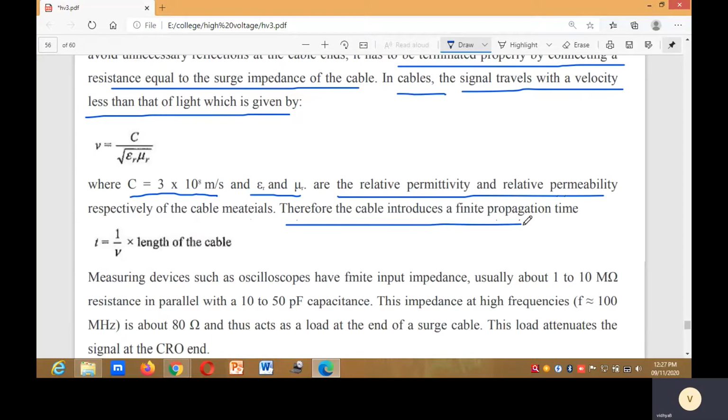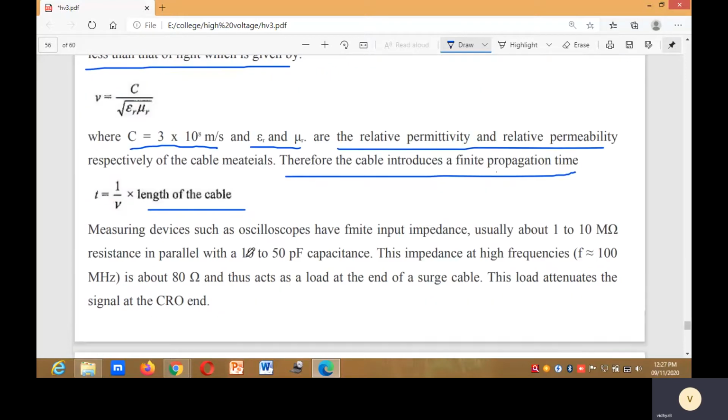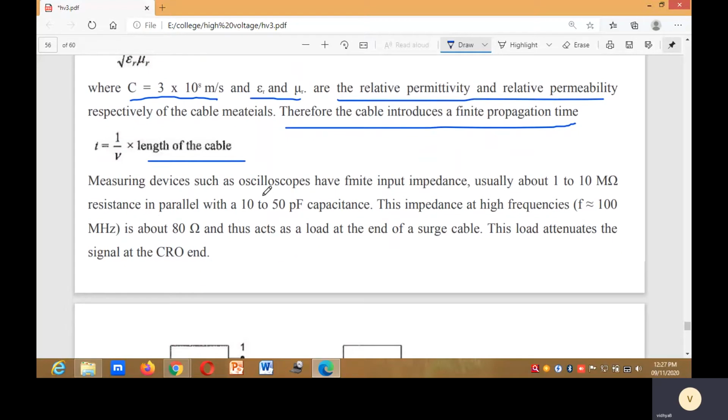The cable introduces a finite propagation time, T equals 1 by V into the length of the cable.